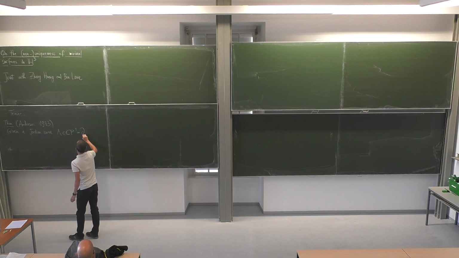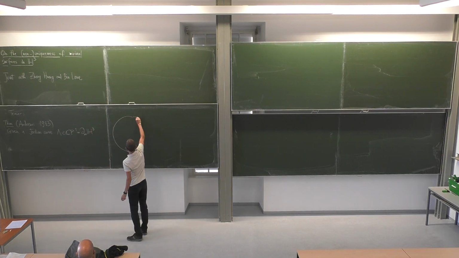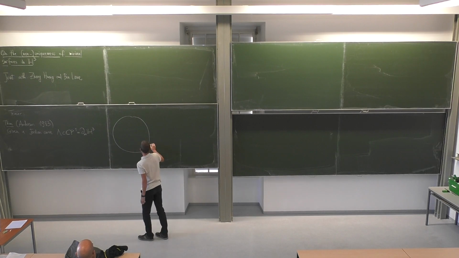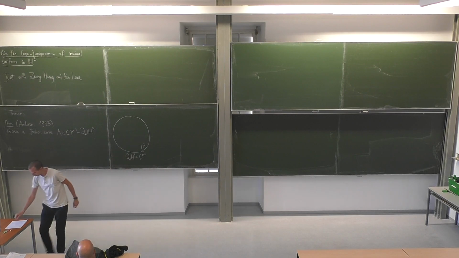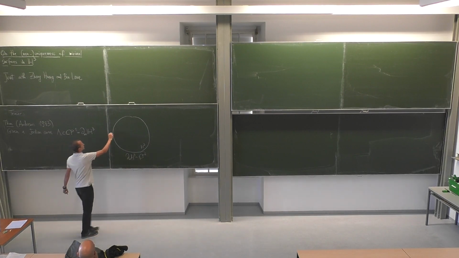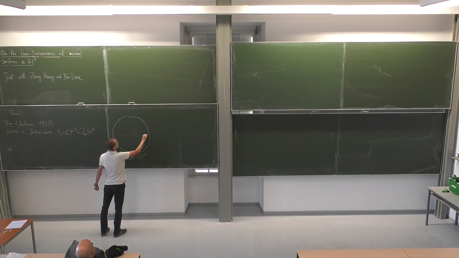We consider CP1 as the boundary at infinity of hyperbolic 3-space. So here's the picture of hyperbolic 3-space, which is a ball. Its boundary at infinity is CP1. We take a Jordan curve, a C0 embedded curve, continuous.